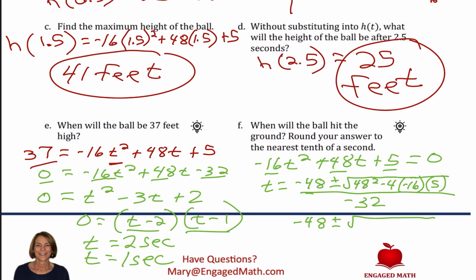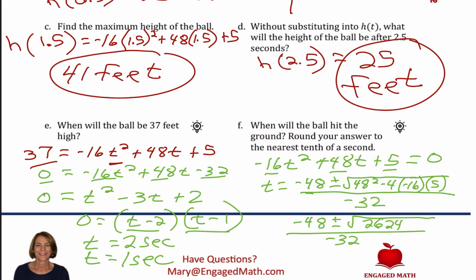And then it's going to be the minus 4 times the negative 16 would make it a positive. So it's going to be a 64, because that's 4 times 16 times 5. And when you do that, the number that you get inside that radical is going to be 2,624. Okay, and all of that is still over negative 32.